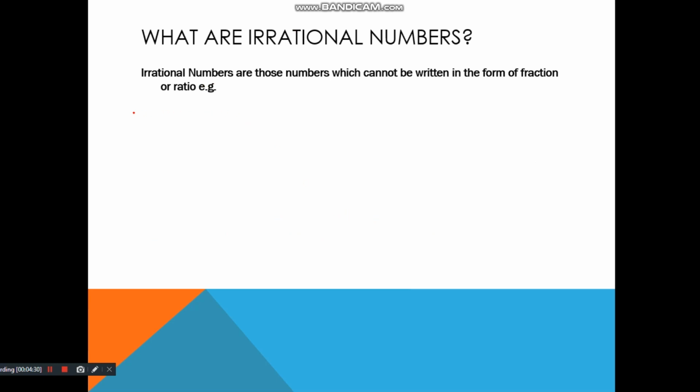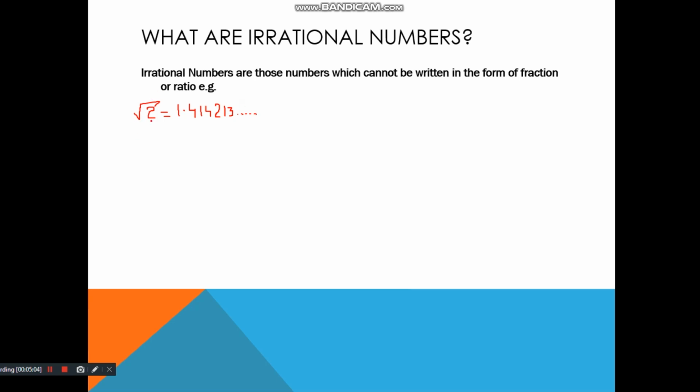For example, if I talk about the square root of 2, its answer is 1.4142135 and so on. It means these numbers do not have an ending term. They are non-repeating and non-terminating decimals. That's why these are called irrational numbers.